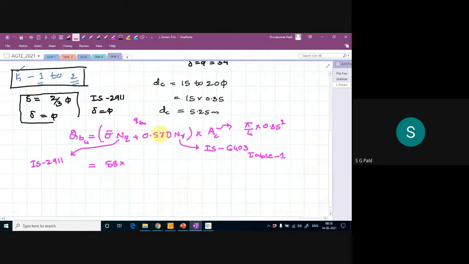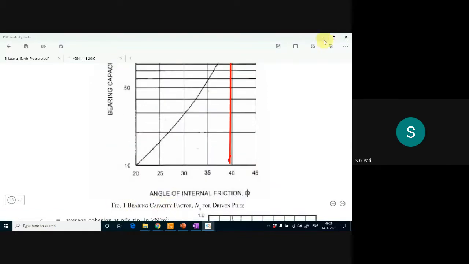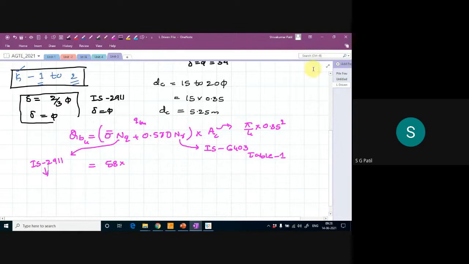From IS 2911, what is the figure number here? This figure number is 1. From figure 1, my Nq value is 132.